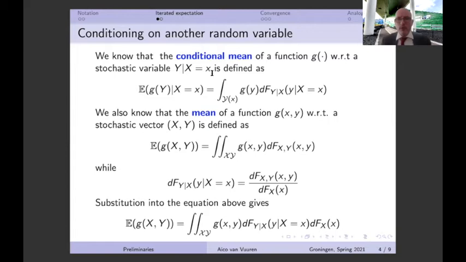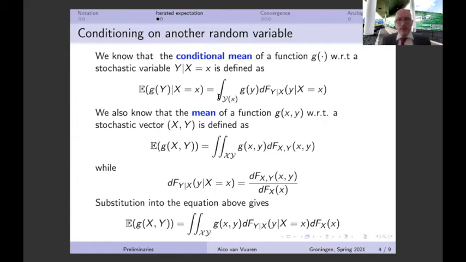So therefore, they also have means. We call them conditional means. If we're going to do that with respect to the function g that we have over there, then we can simply look at this mean of g(y), conditional on x equal to x. What is that? Well, the idea is exactly the same as what we had before.